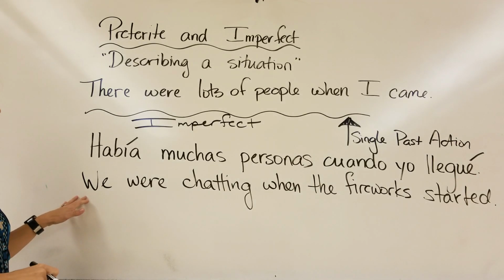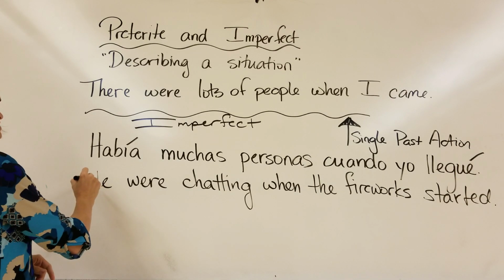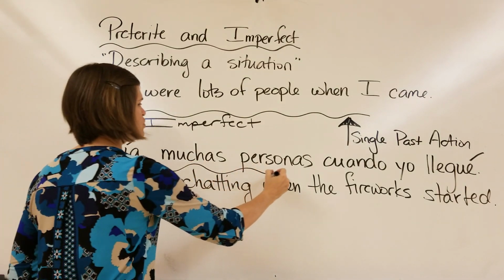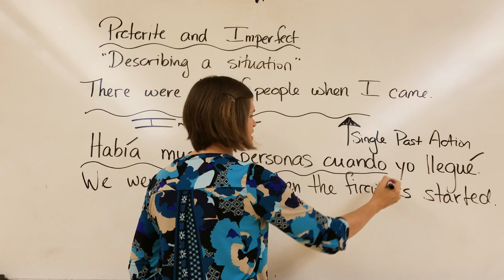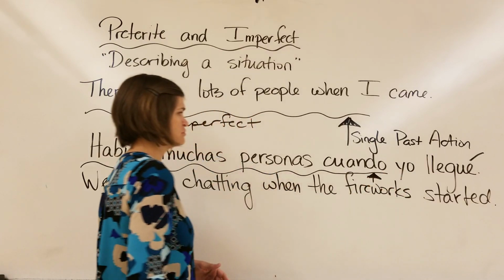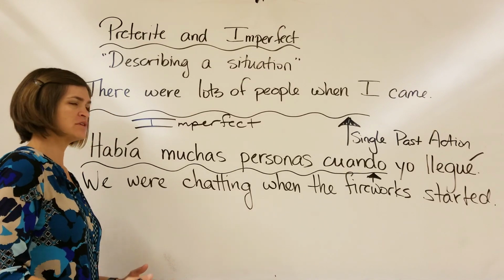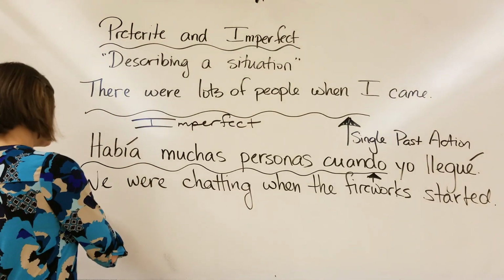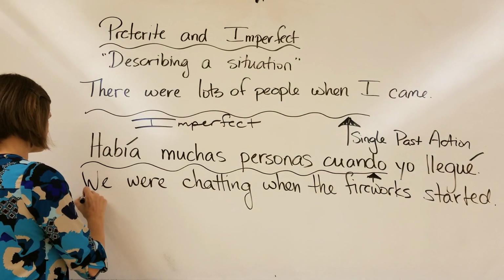So we were chatting. This is going to be the situation. This is what was going on when all of a sudden, boom, like literally boom, fireworks is going to interrupt what was going on.